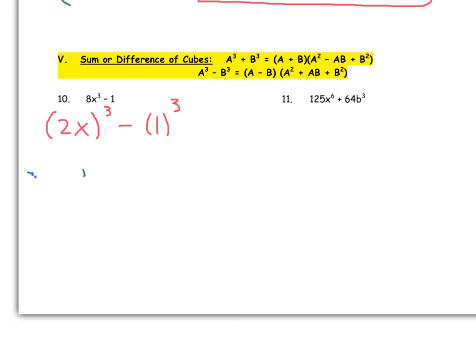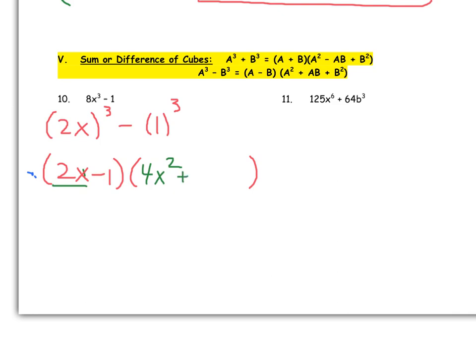So I go back and I rewrite that first factor as 2x minus 1. The second factor is going to be the trinomial factor, and now I have to take that first term and I have to square it, 4x squared. In the middle, the sign's going to change. I have a negative sign here, so now my sign is going to change to a positive for the middle term.